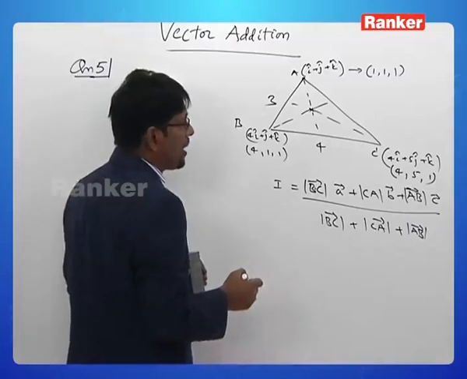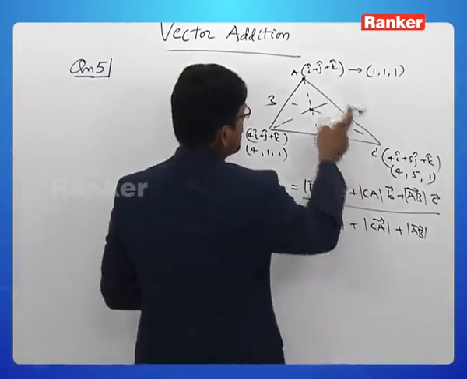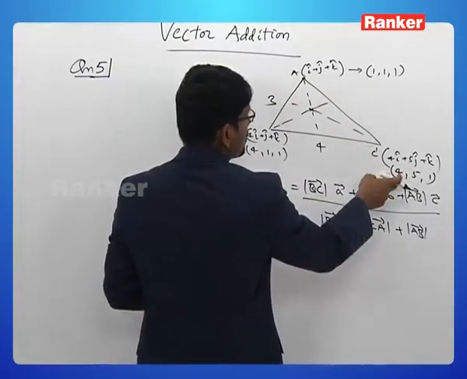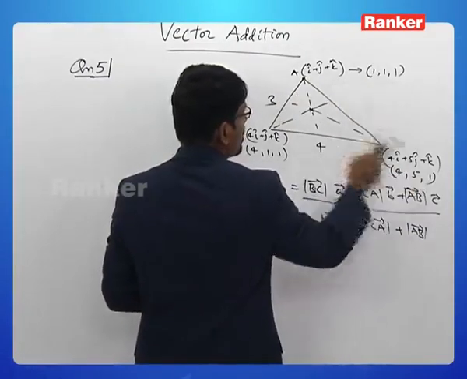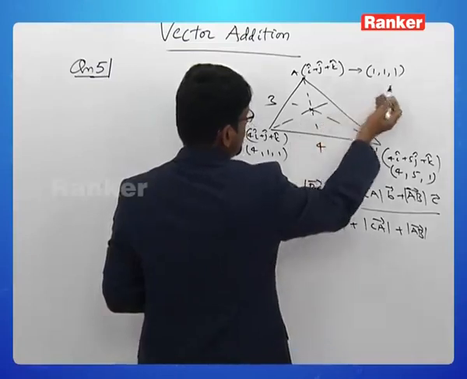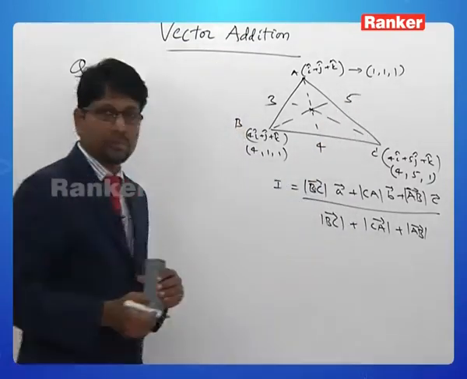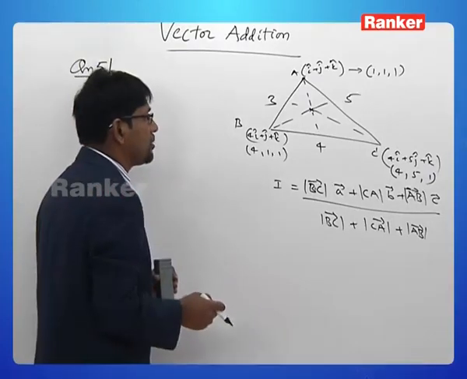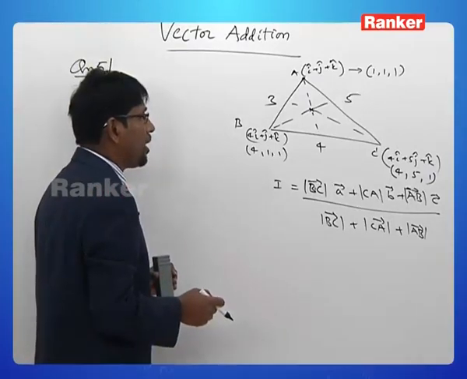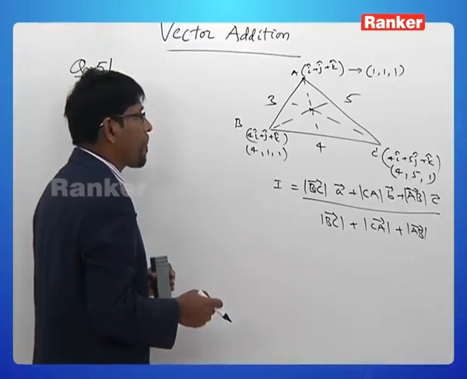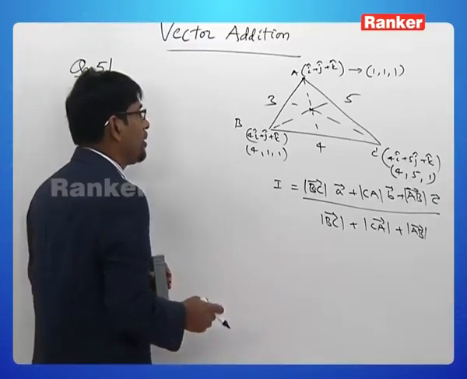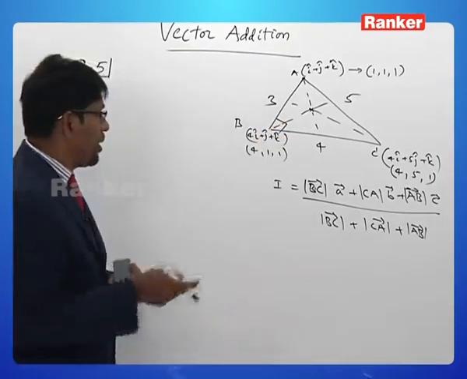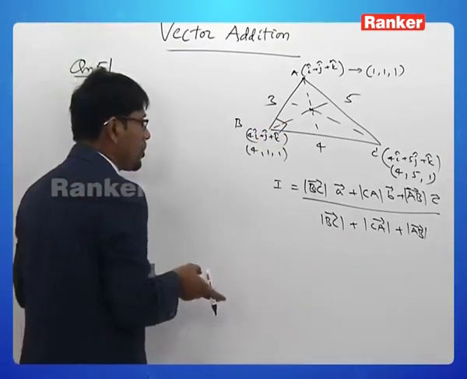And you also observe that this is 4 minus 1 whole square, that is 3 square plus 4 square under root, that is 5 units. So, 3, 4, 5 actually form a right angle triangle here. So, this angle B would actually be 90. Anyway, that's not of much use to us.